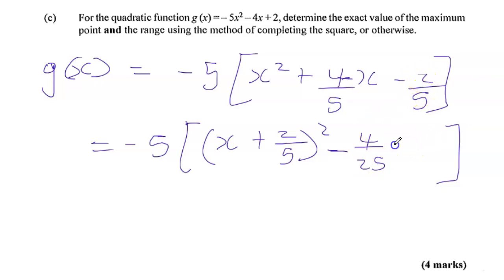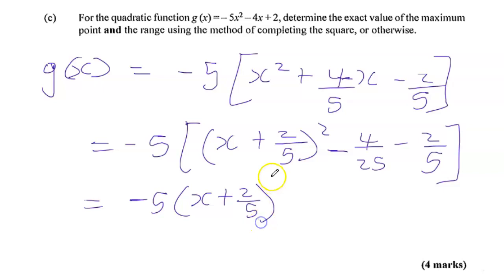And then we restate our minus 2/5 there, and then we can distribute the negative 5 outside of the square brackets now. So negative 5 times x plus 2/5 all square. Negative 5 times negative 4/25, that's actually positive 4/5.